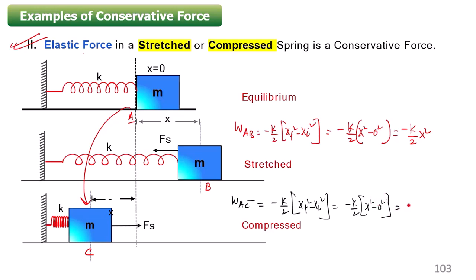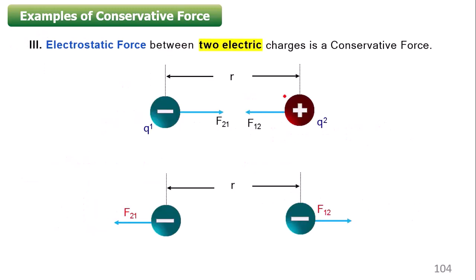So again I am getting the same answer, minus K by 2 x square. That means the work done moving the particle from A to B is the same as A to C. That means it is independent of path. So whatever the situation, the work done is independent. So the second example for the conservative force is the elastic force, the spring force, which is also a conservative force.